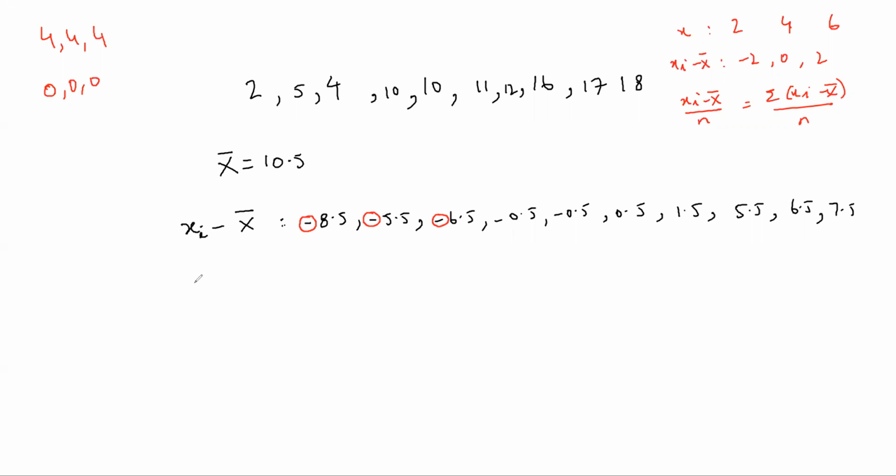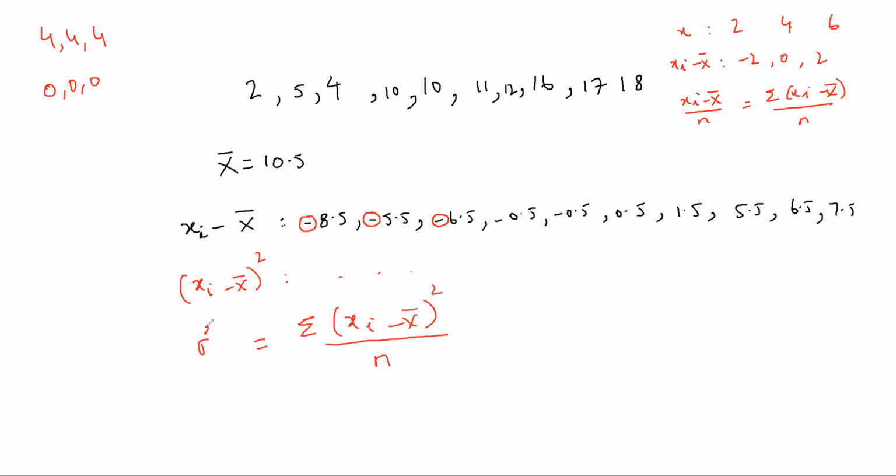For that purpose, you will have to square all of them, okay? You will square them. I'm not going to square all of them, I'm just going to sum this up now. You will have to square them up, and then you will divide by n. This is sigma x minus the mean whole square over n. Okay, so this is known as the variance.